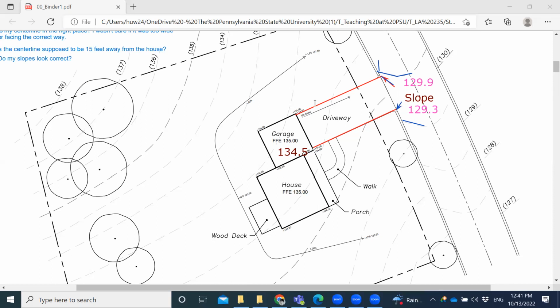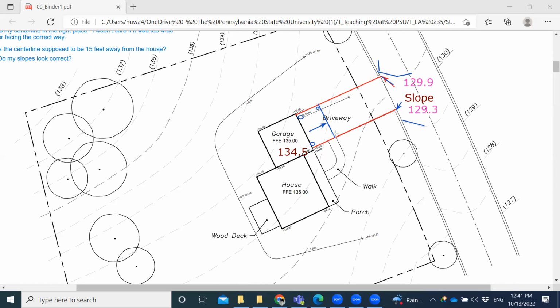With these two numbers, if you specified your garage FFE to be 134.5, you would mark out where your 15 feet is, right? And you would say, okay, this is my 5%. The spot here, because you need to drive in, cannot make your car jump, right? So this is flush with the garage FFE, meaning those two spots at the entrance of the garage will be 134.5.